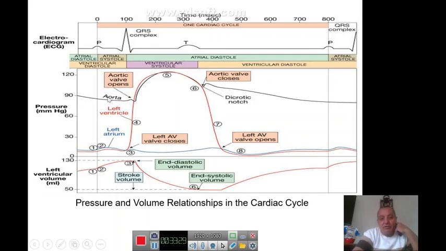Okay, the atrial pressure will be increased during atrial systole, which is followed by closure of the AV valves. Then the pressure in the ventricles will be increased during the isovolumetric contraction phase.